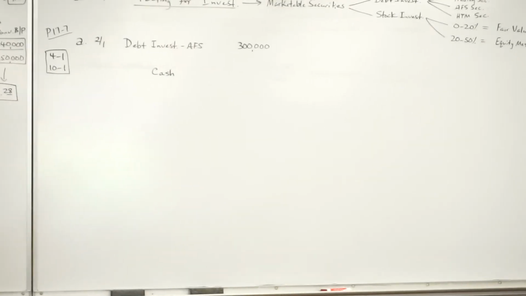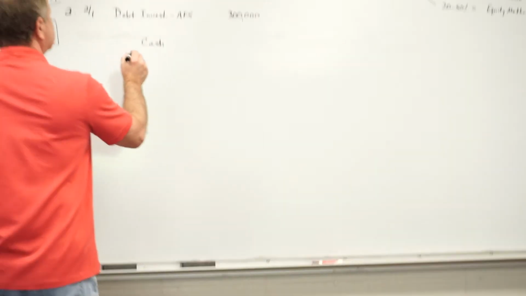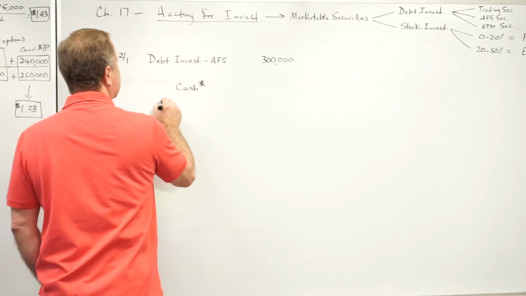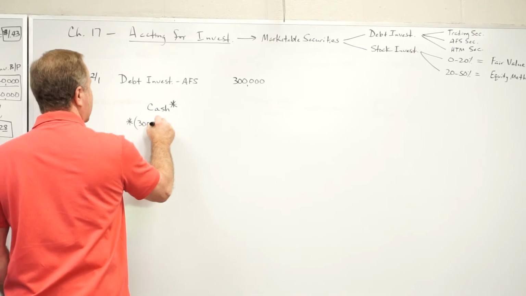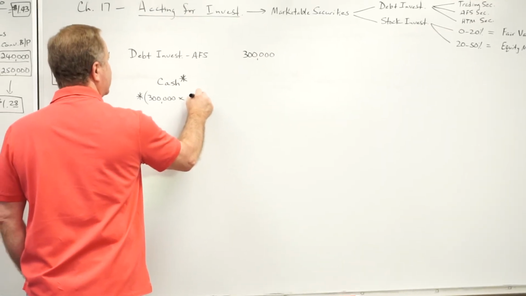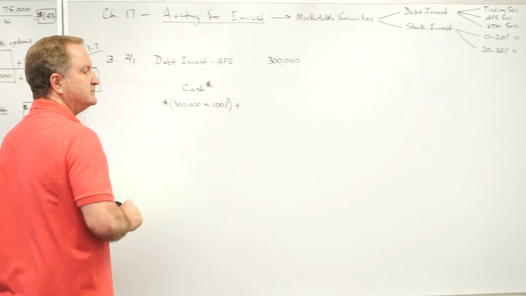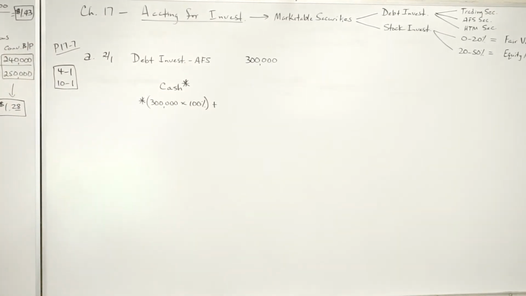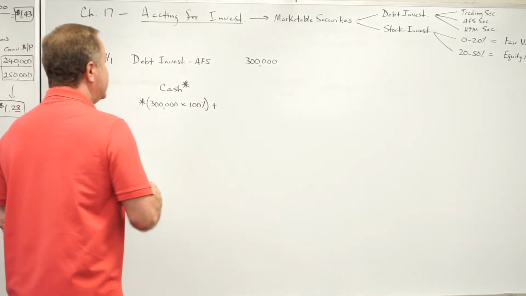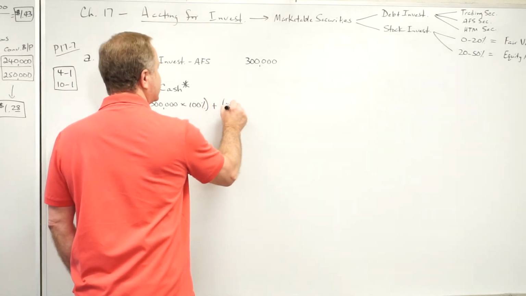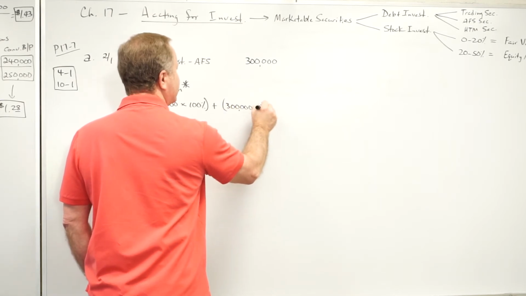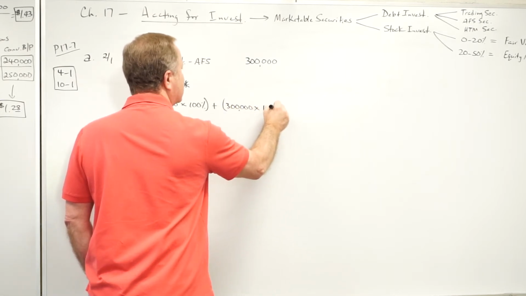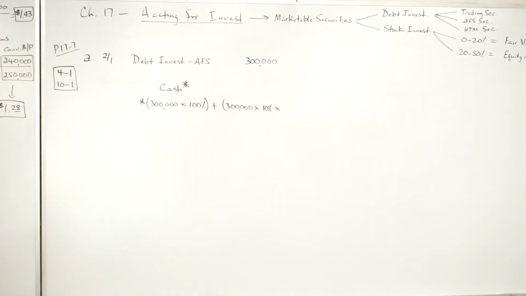The question is, how much did we pay? All right, so I'm going to put a little asterisk there, and I'm going to put an asterisk here. We bought $300,000 bonds that we paid 100% for. So we paid $300,000. We know that part. Then we've got to figure out how much is the interest. 300,000 times, didn't it say 10% bonds? And how long has it been since these bonds last paid interest?